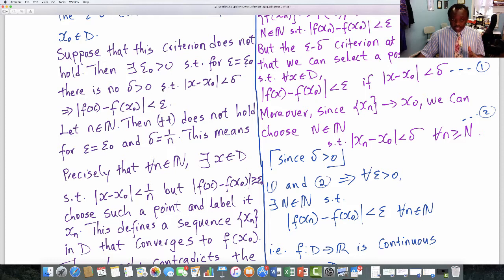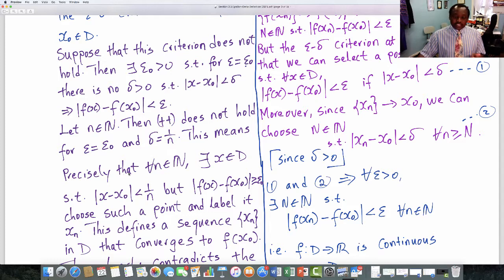Recall, we did say that there is a particular epsilon naught that is positive, such that if I set my epsilon to be that epsilon naught, then there is no delta bigger than 0 that would cause this chain of inequalities to hold. Okay, so if my epsilon is epsilon naught and my delta is 1 over n, plus plus does not hold. But what does that mean?